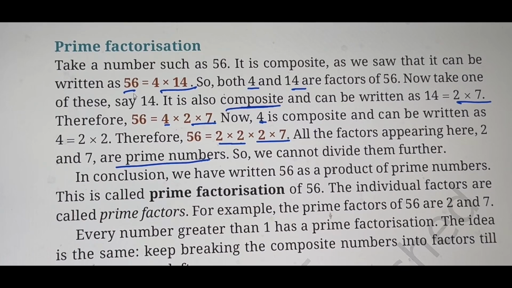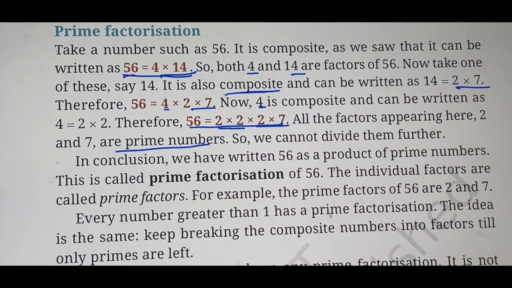So what is the difference here? For 56, if 4 into 14, we got the composite factors of 56. And here 56 is equal to 2 into 2 into 2 into 7. They are the prime factors of 56, which we cannot divide further, right? So prime factorization, what does it include?